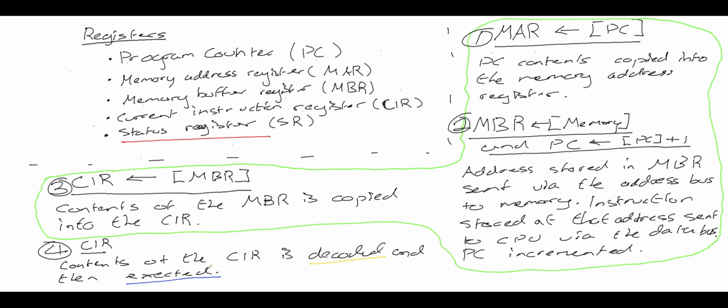So the execute part of the cycle then. The execute part of the cycle is, first of all, if necessary, more data is fetched to complete the execution of the instruction. So that's what happens first of all. The opcode that we split apart from the operand in the decode part of the cycle then indicates the instruction which we need to execute.